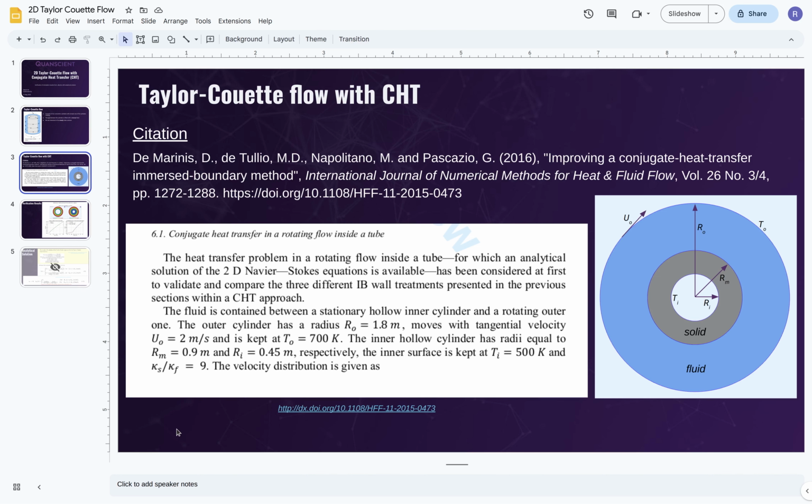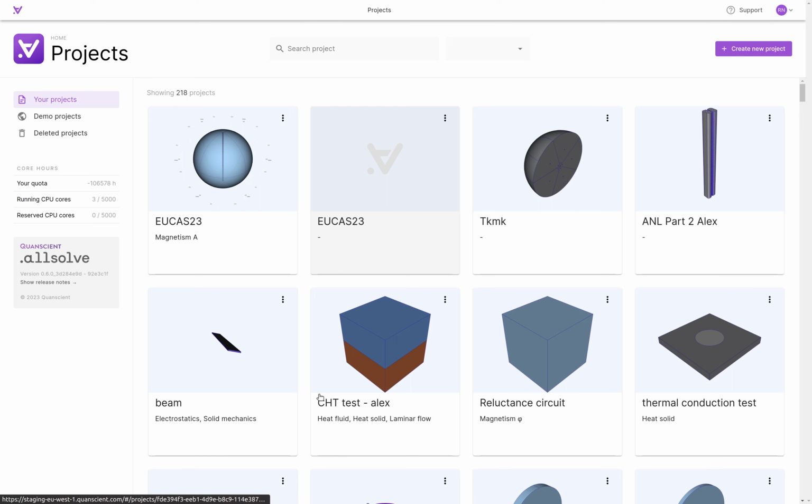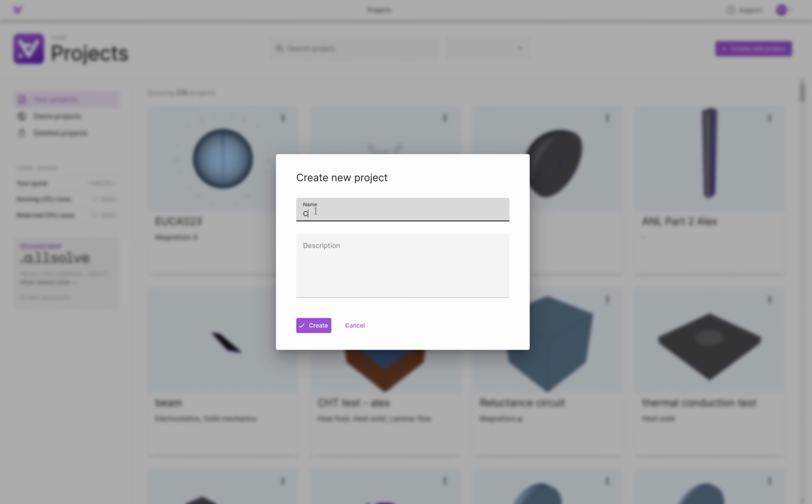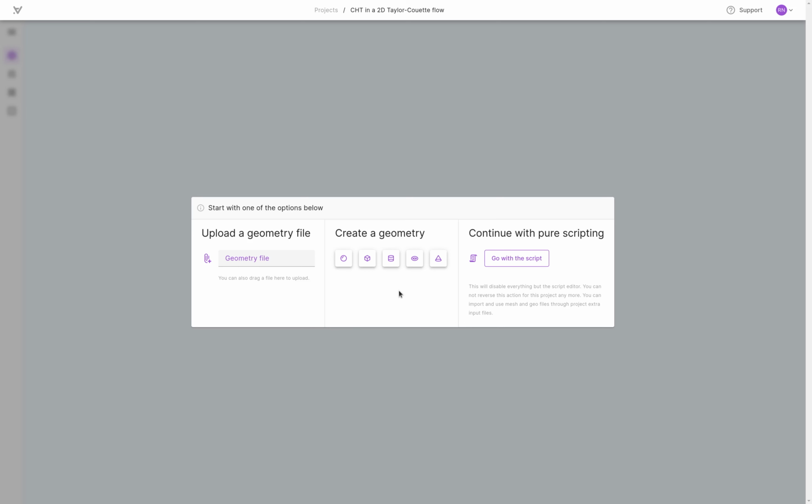We will now go to the .Allsolve environment to set up the simulation. We'll first start by creating a new project called CHT in a 2D Taylor-Couette flow. We select the cylinder icon under Create Geometry.